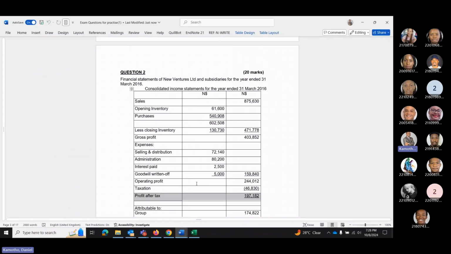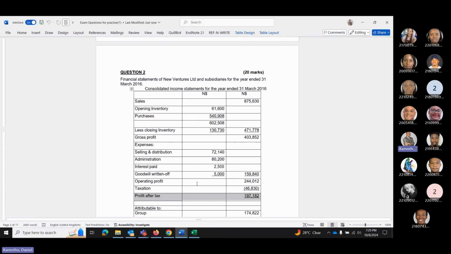Everything else remains the same. How you determine the amount in the investing activity and in the financing activity remains exactly the same. So whether it's the indirect or direct method, the only part that would change is how you determine your cash from operating activity.